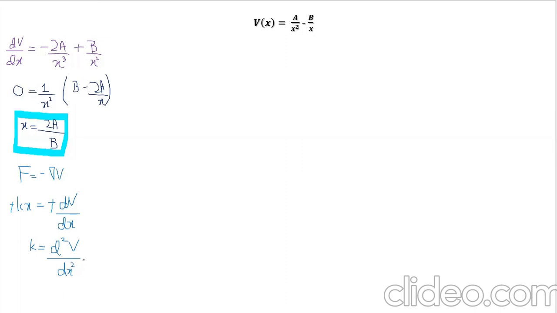As we have solved dV/dx in the previous step, now we will take the derivative of that again with respect to x and get the result d²V/dx². So let's start the simple mathematical calculation.